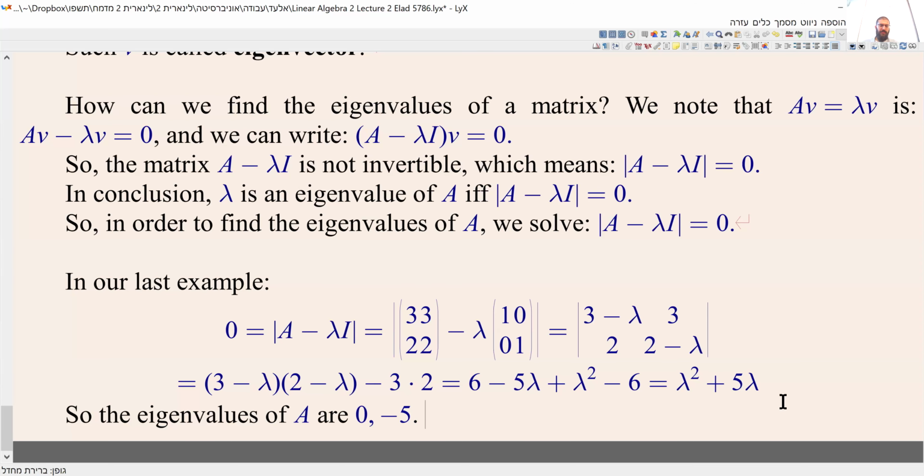And again, we have a lot of questions. How many eigenvalues do you expect to find? What happens when the matrix is bigger? Do we always have such eigenvalues? How do we find the eigenvectors corresponding to these eigenvalues? Etc., etc. Of course, we'll answer these questions and much more in our next lectures.